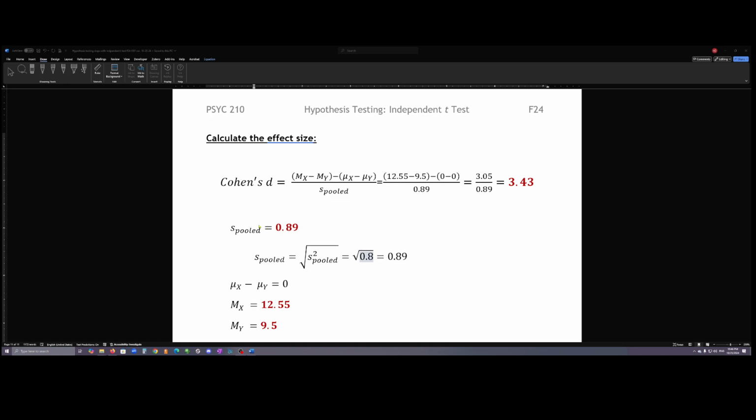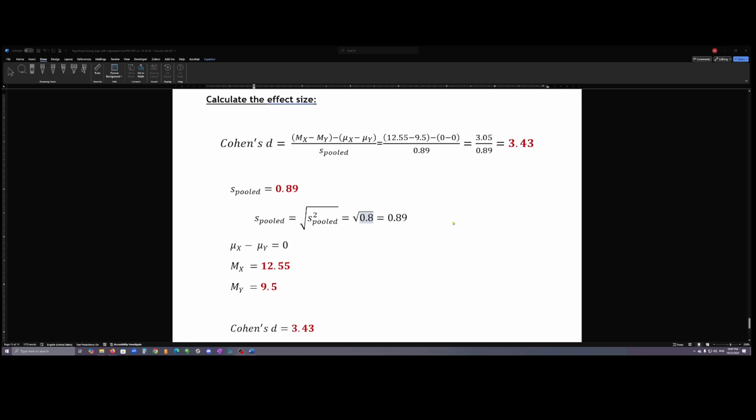So essentially the standard deviation version of the variance is 0.89. We plug that in here. The difference as far as the comparison distribution goes, its mean is 0. So we end up with 3.05 divided by 0.89, or Cohen's d of 3.43.